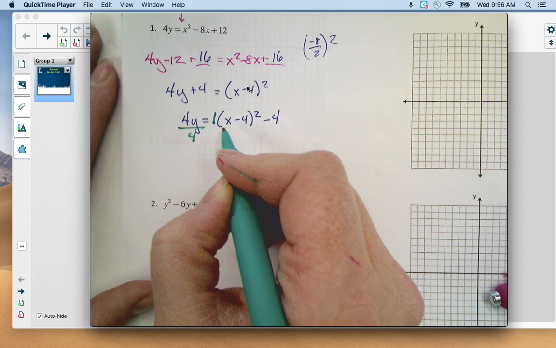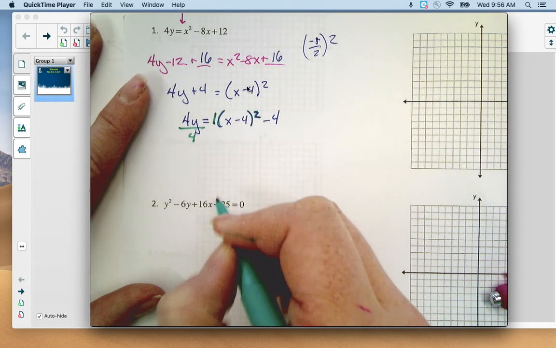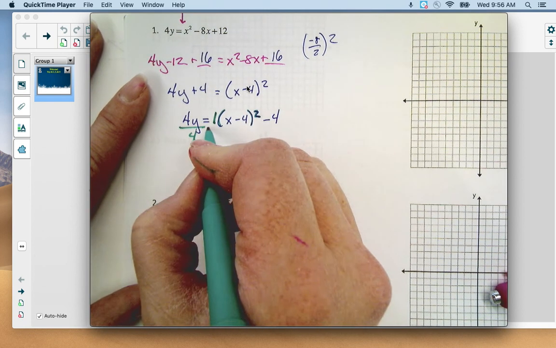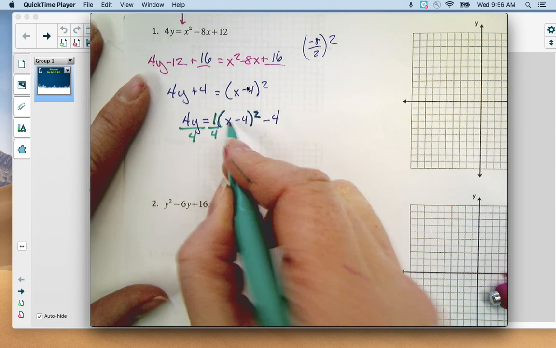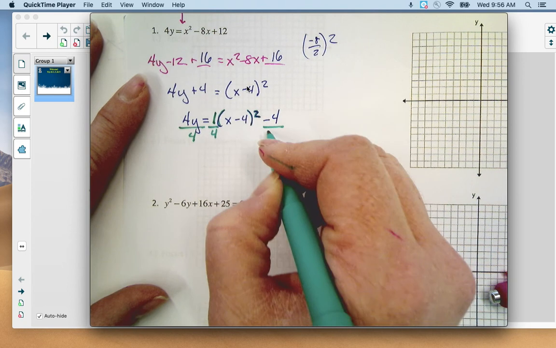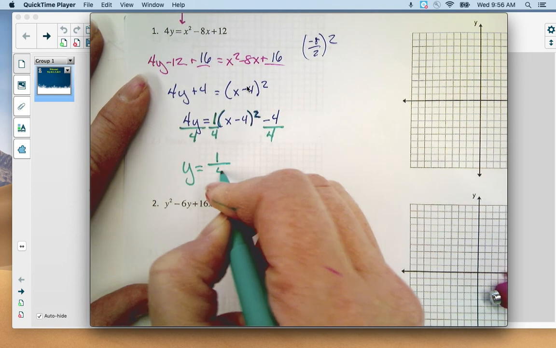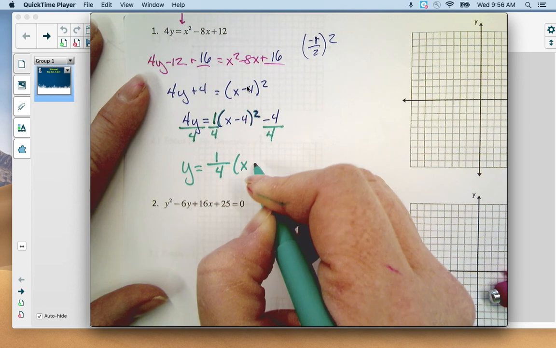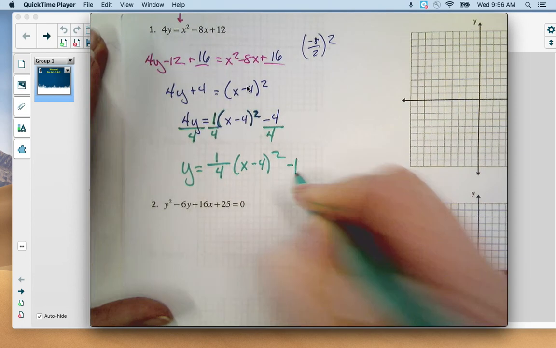No. You cannot divide because this entire group is being squared. Exponents come before that. So what I'm really dividing is the 1 in front. So 1/4. And I also have to remember to divide that negative 4 by 4. So I would have y is equal to 1/4 (x minus 4) quantity squared minus 1. Again, notice that did not change.